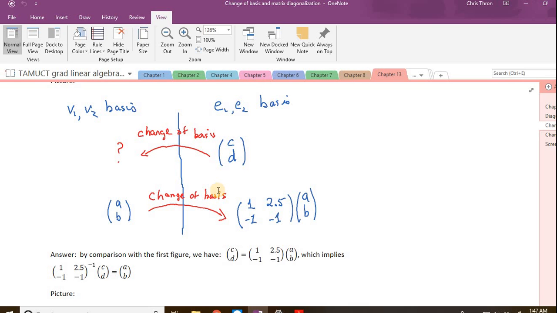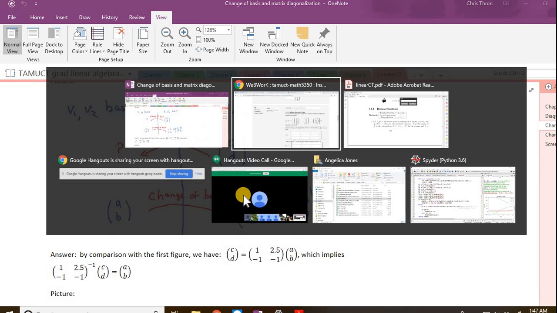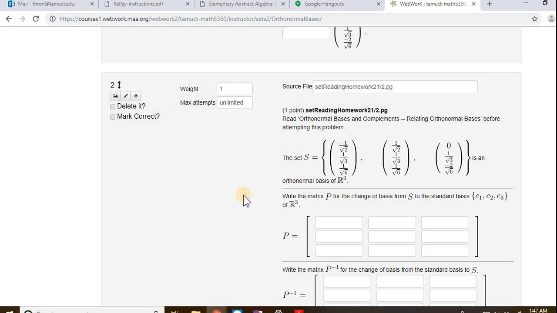Well, there's any number of ways to do a problem wrong. So that's natural. But really, just look at this. Maybe that's a good enough hint. Just stare at this situation and apply the same situation to the problem you have here. Because here it's saying change a basis from S to standard basis, and that's just what I have here.